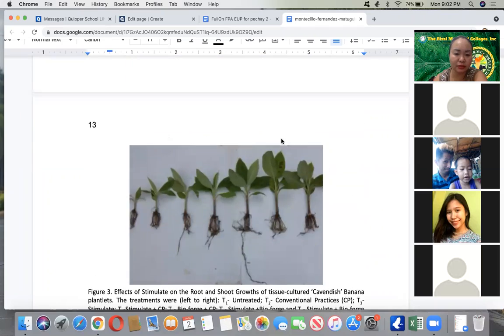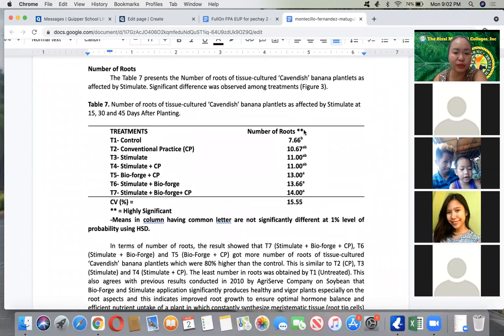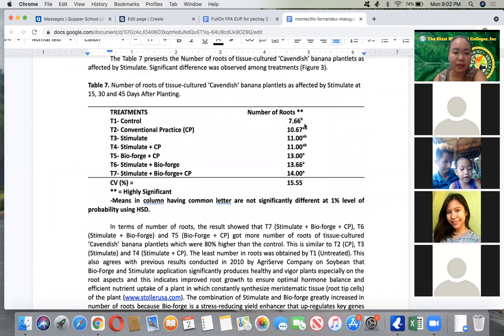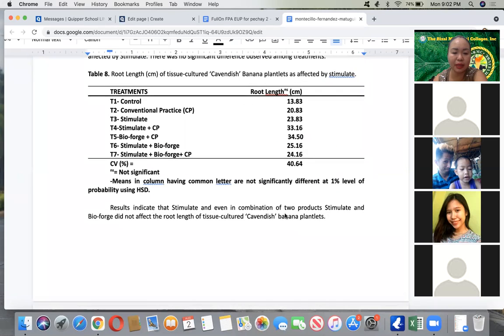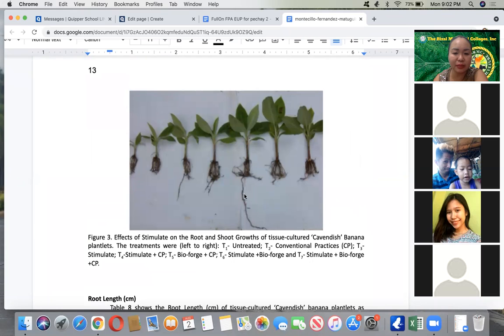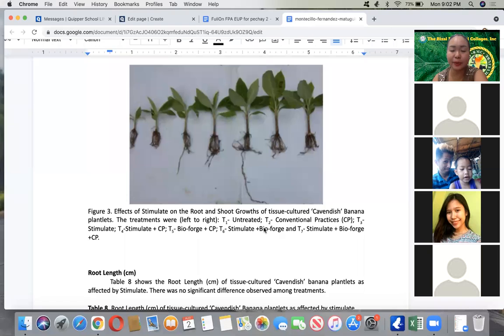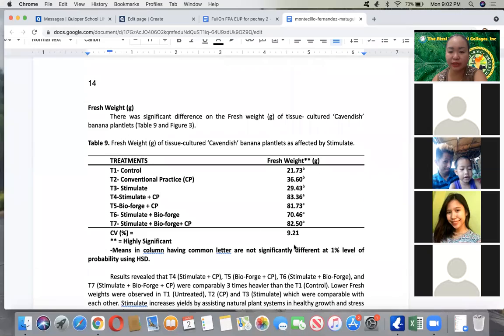In terms of the number of roots, it is significant, but in terms of root length, it is NS, meaning they are all the same. Although in this photo, you can see that there is one that is really long. But since this is only representative, you should be careful when presenting representative photos, so that it drives toward the results.